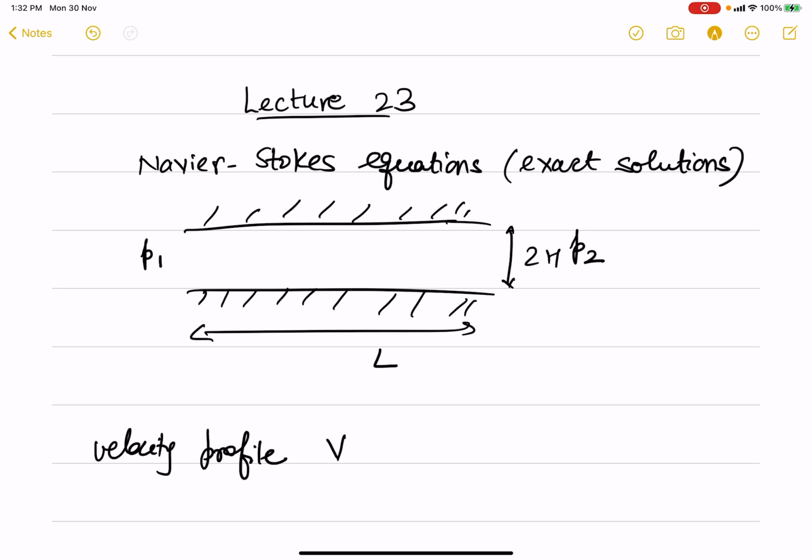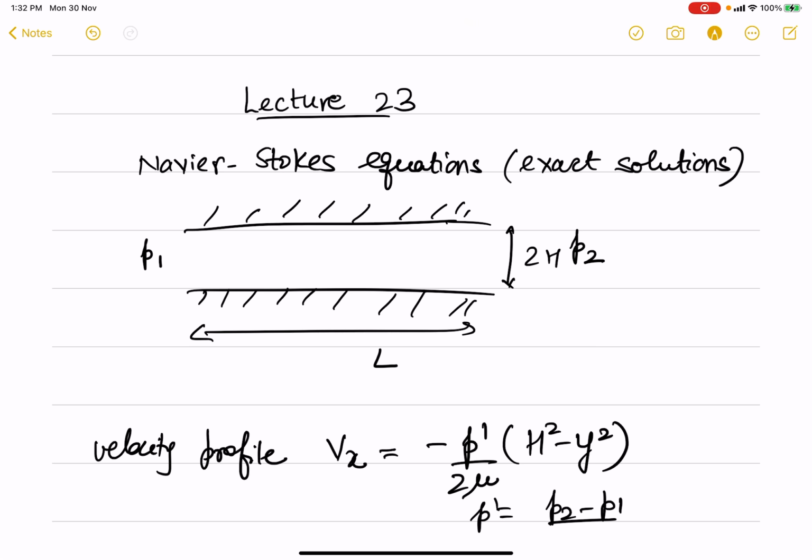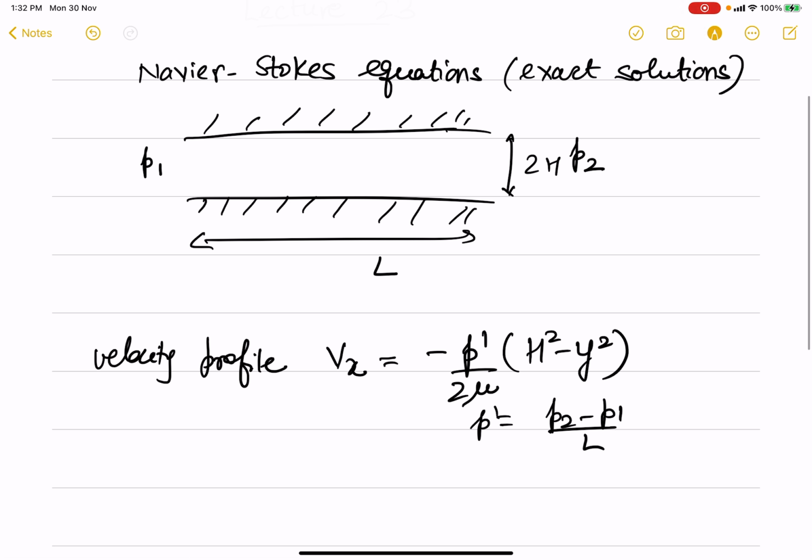of the flow. The expression turned out to be Vx is equal to minus P prime upon 2 mu into h square minus y square, where h was the half height of the channel and P prime was equal to P2 minus P1 divided by L, the pressure gradient in the x direction.